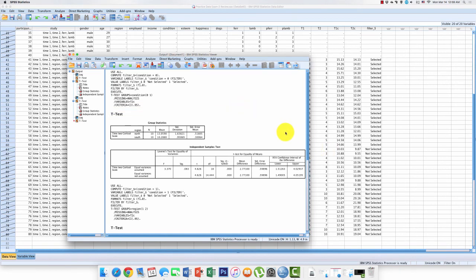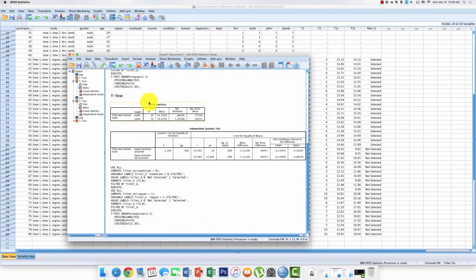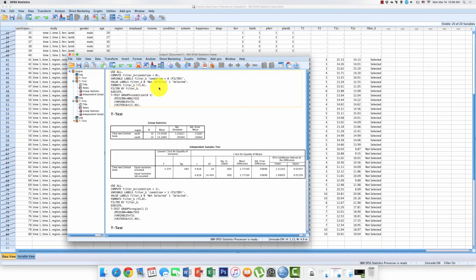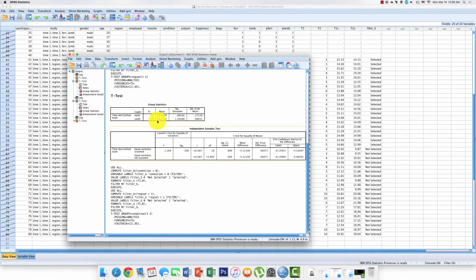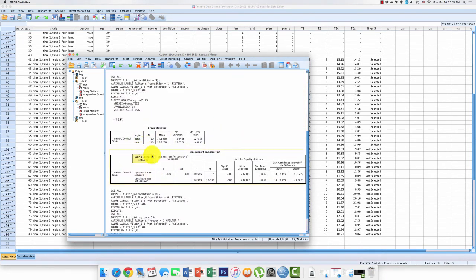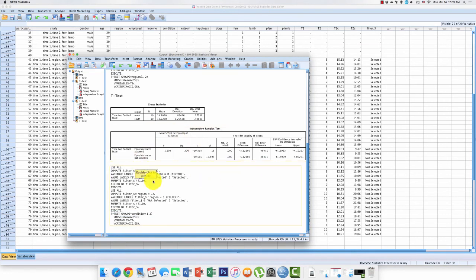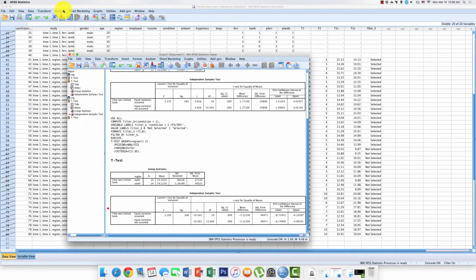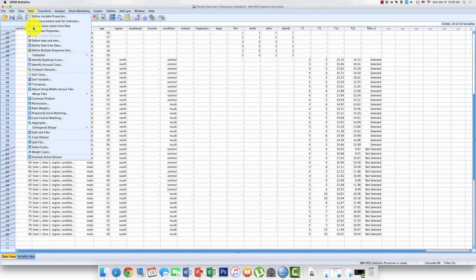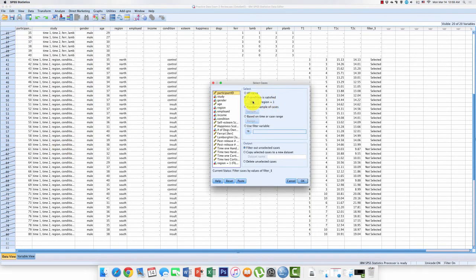Okay, so we had controlled for condition in here, and this is condition 0, so this is a control, and then condition 1, which is insult. So let's delete that. Do our select cases.